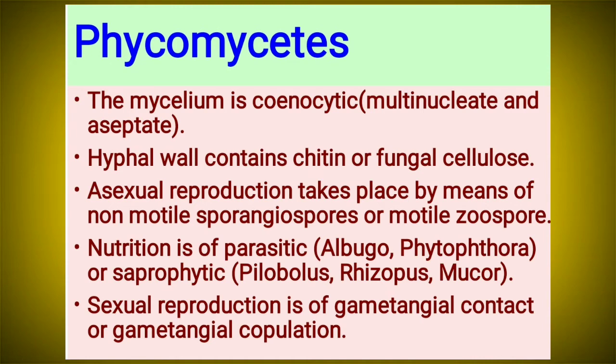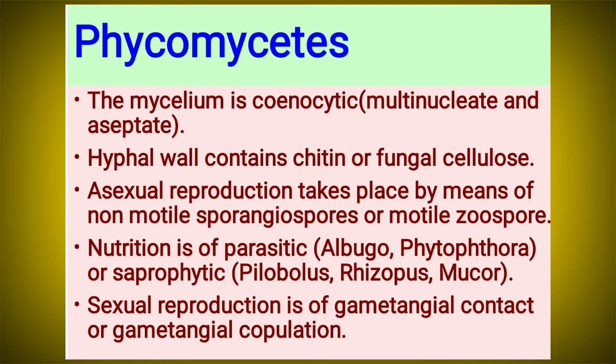Rhizopus is quite common among food saprophytes. And the last is that sexual reproduction is by gametangial contact or gametangial copulation. We know that in sexual reproduction, gametangia are produced, which produce gametes, whether male gamete or female gamete.